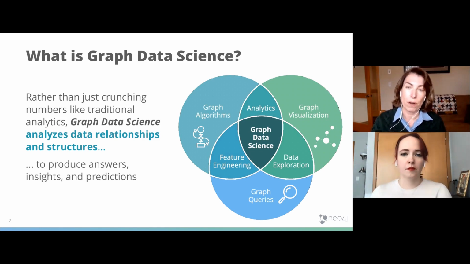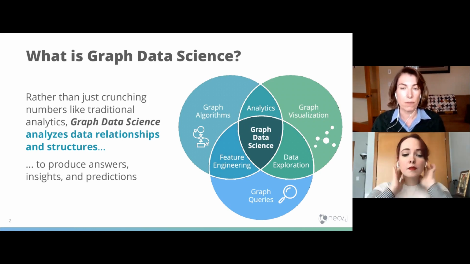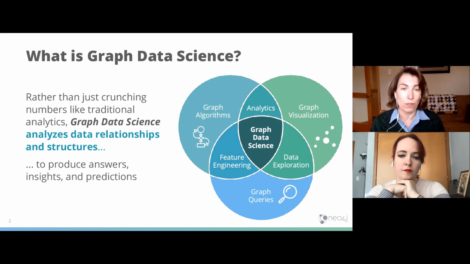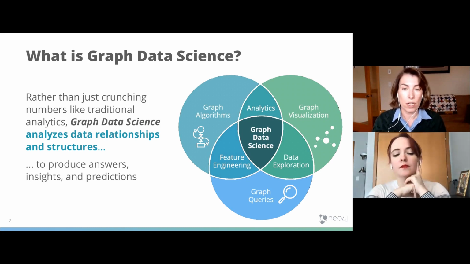Maybe you're using graph algorithms to do analysis, feature engineering, doing queries to understand what's in your data, data exploration with graph visualization. All of these things come together in a multidisciplinary workflow, which we call graph data science. So again, just trying to answer questions using the relationships within your data itself.